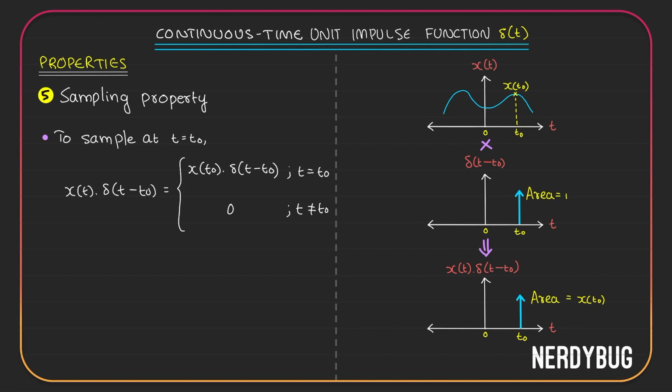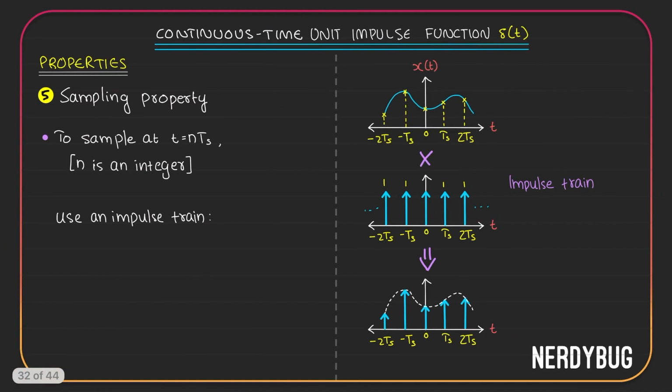Again, what if I want samples at more than one point? For example, let's say I want a sample here and then at some point here, then some point like this, at multiple points. Let's take an example. I want a sample at every t that is a multiple of ts. As I have shown over here, I want one at ts, 2ts, 0, minus ts, and minus 2ts.